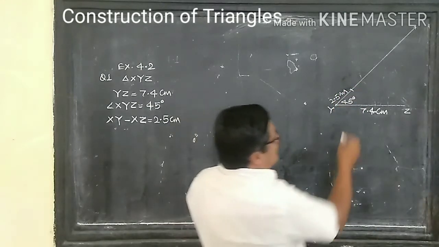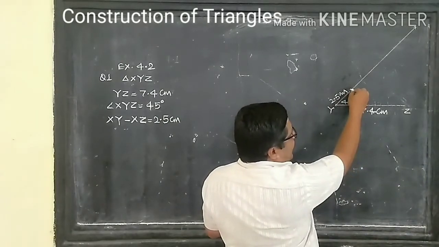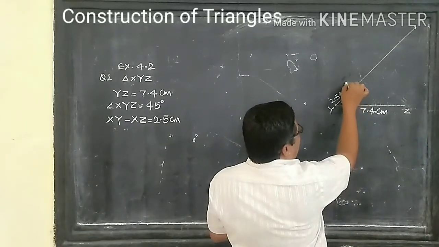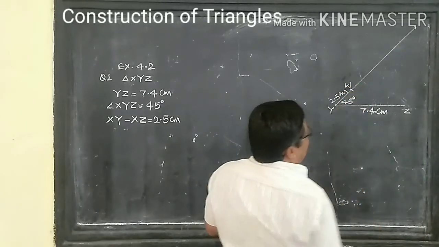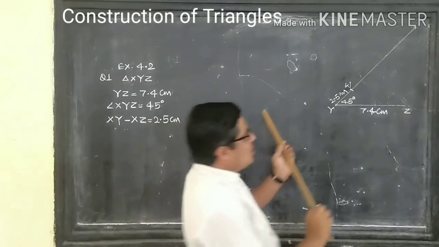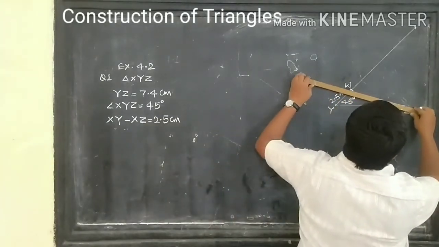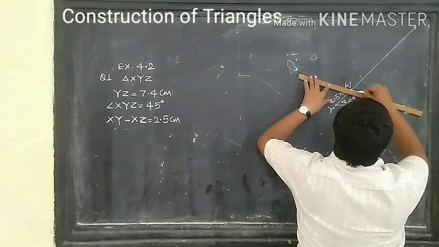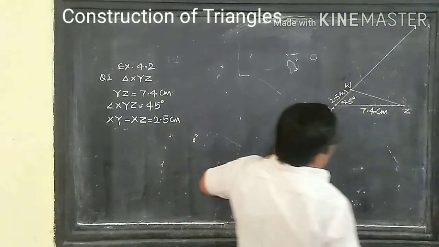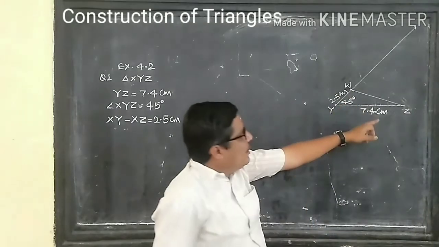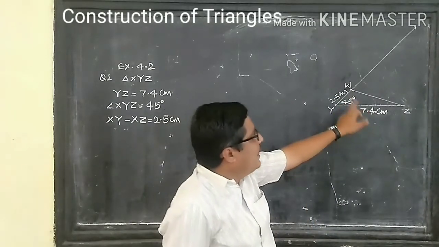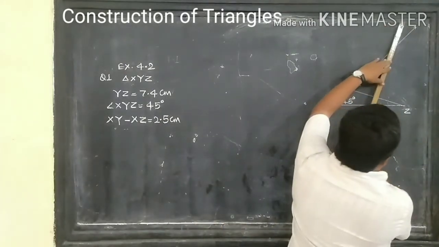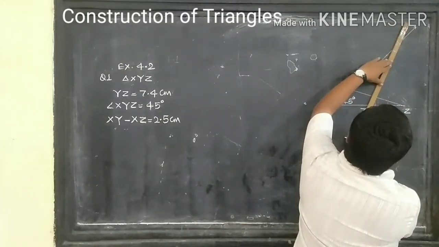After getting this point, which is outside the triangle, it will be named, suppose, W. So we have to draw segment WZ. In this way we can draw segment WZ. After drawing segment WZ, we have to draw the perpendicular bisector of segment WZ in this way.